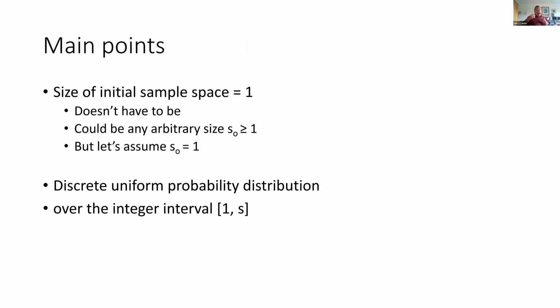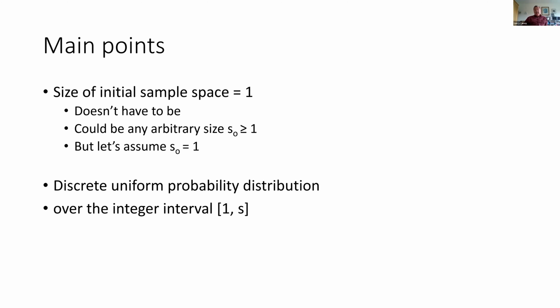And to make life very simple, we're assuming that the sample space to begin with is size 1. The integer is 1, size 1. That doesn't always have to be the case. We can extend it, and that's what I've done in the references I gave you.